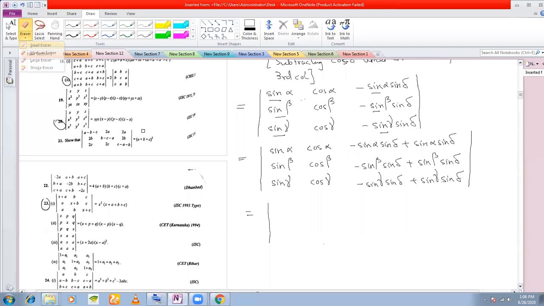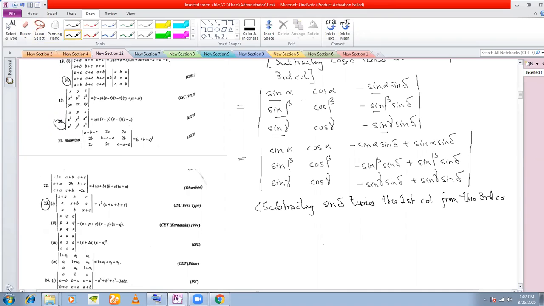So what do you get? Before what you get, you have to write the step you have done. Subtracting sin delta times the first column from the third column, which is sin alpha, cos alpha, and here you have a 0.